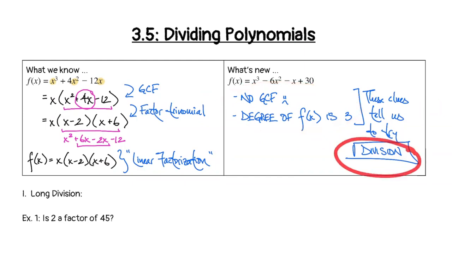We're going to want to think to ourselves, let's try that division thing. We're going to take a look at two types of division today, and they're both important for different reasons. In particular, we're looking at long division and synthetic division.